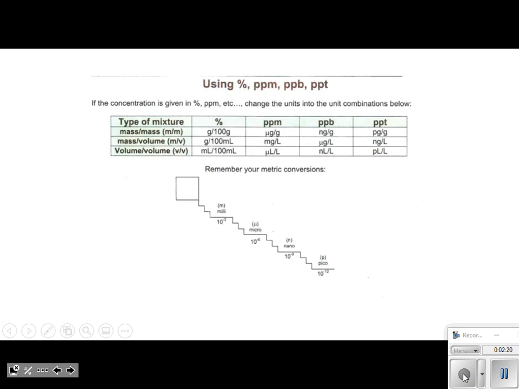Looking at this table, this is the one I just gave you. Most of the time we'll be dealing with mass per volume, which is this guy right here, okay? So you're going to see that our label for mass per volume in parts per million is going to be milligrams per liter. Parts per billion, micrograms per liter.